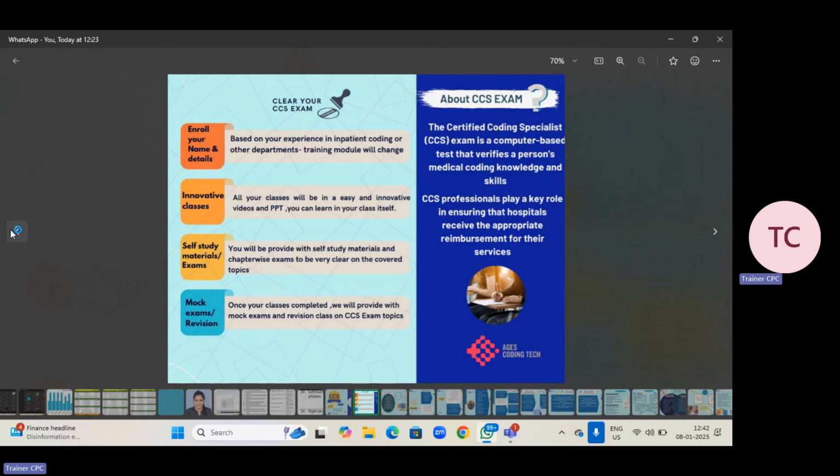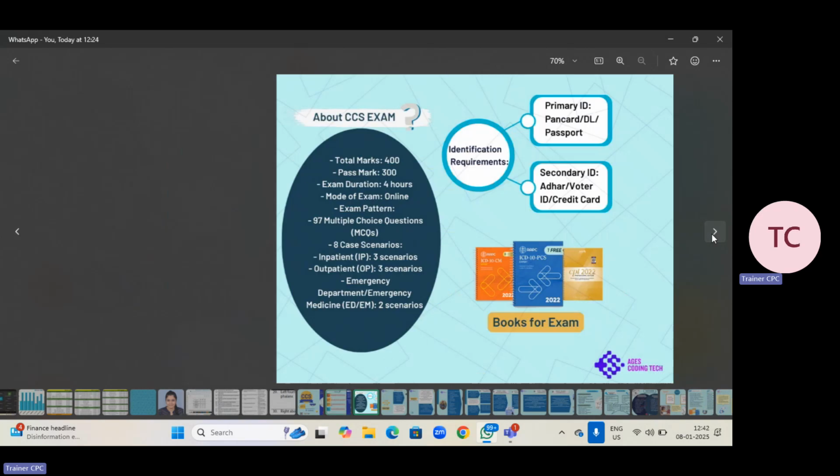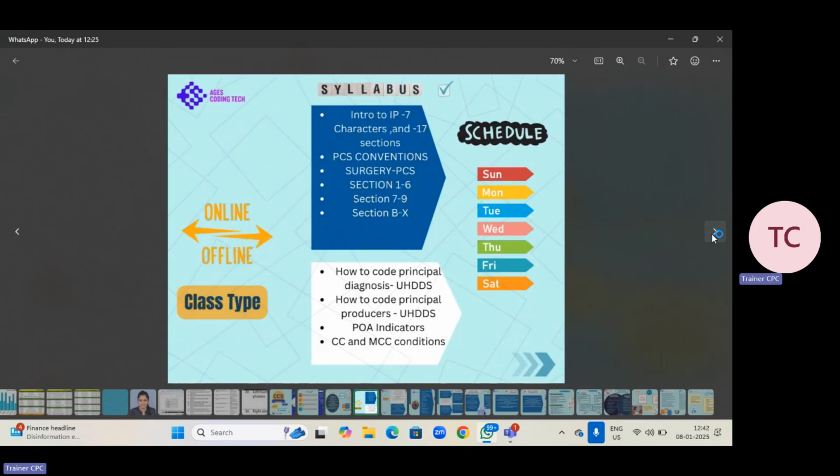Next, coming to the syllabus covered during our course. First we'll be covering the PCS syllabus, where we will introduce you to the PCS book, like how the PCS book looks, how to use the book, what the character values are, and how many chapters are present in the PCS book.